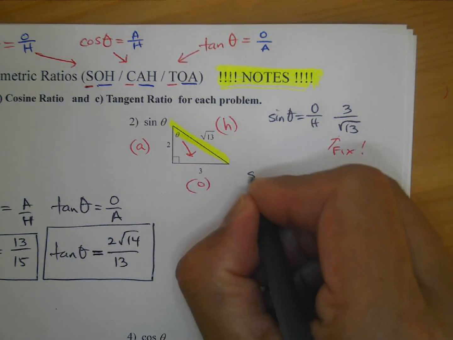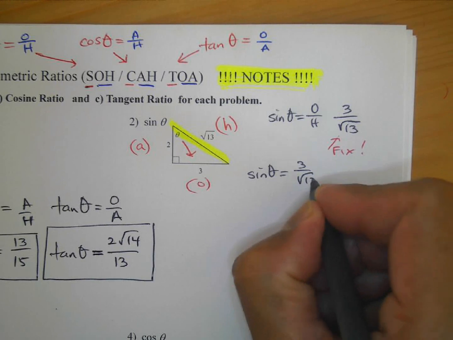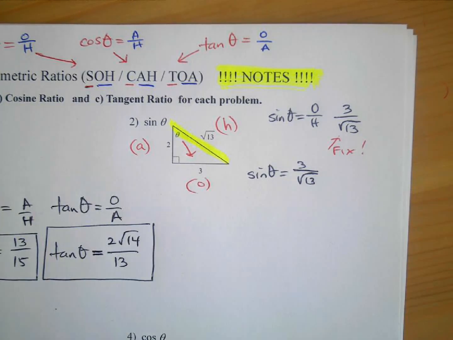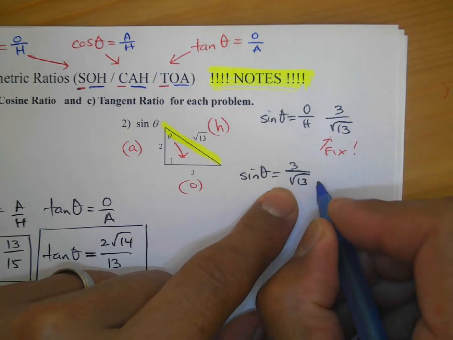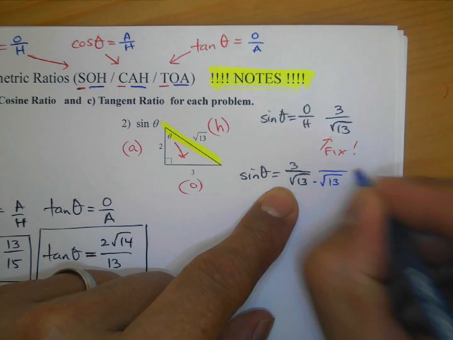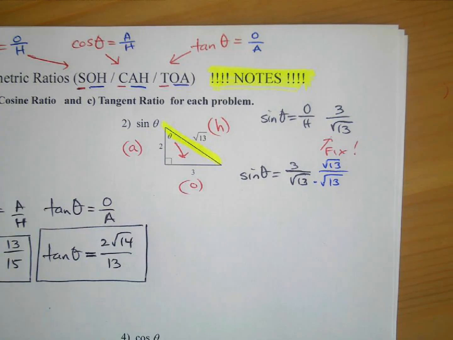Okay, so how do we fix sine for 3 over the square root of 13? Well, when you have a radical in the denominator, remember the way you make it a whole number is you multiply by exactly what the radical is to the numerator and the denominator.